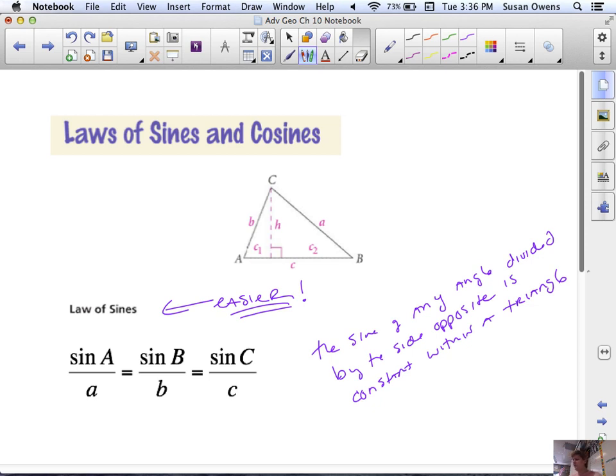So we won't necessarily use all three of these ratios. I might know one of the angles and the side across from it, and I might know another side, and I can use it to find the angle that's across from that side.